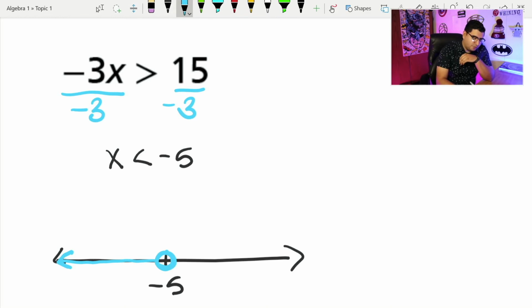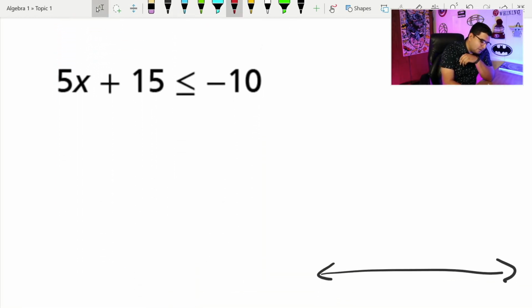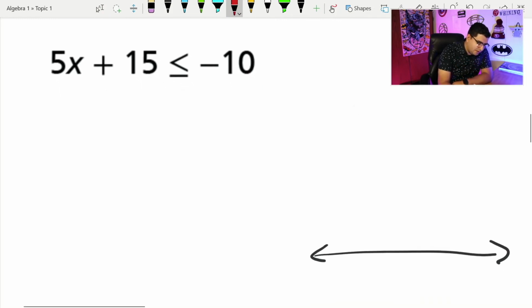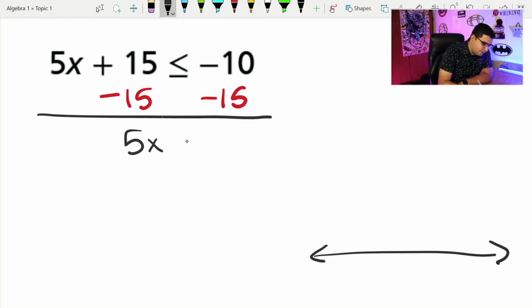Now we're going to get into some two-step inequalities that we also have to solve and graph. This next one, what I'm going to want to do is subtract 15 from both sides. That'll leave me with 5x is less than or equal to negative 25.